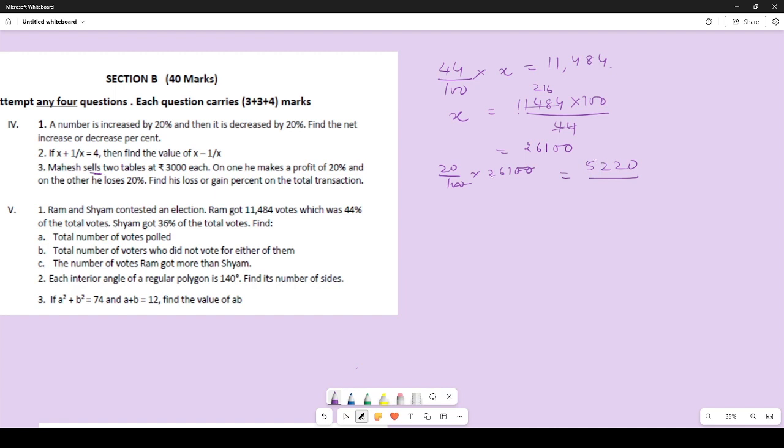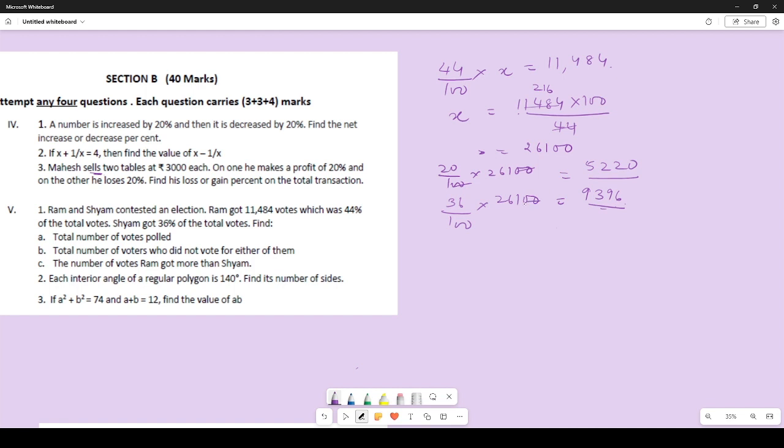And then the third part asks, how many votes Ram got more than Shyam? So Ram got 11,484 votes. Now we need to find out how many votes did Shyam get. For Shyam, the number was 36% of 26100, because that is the number of total votes that were polled. So Shyam got 9396 votes in all.